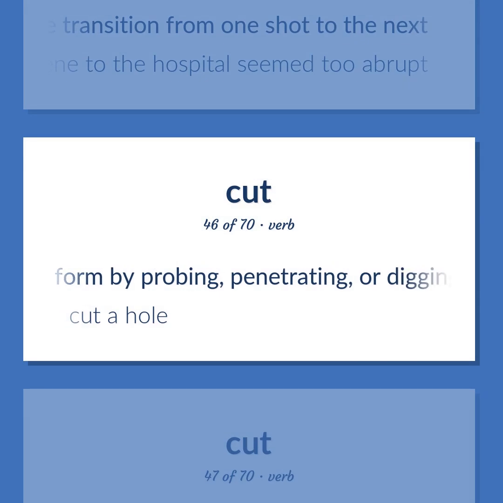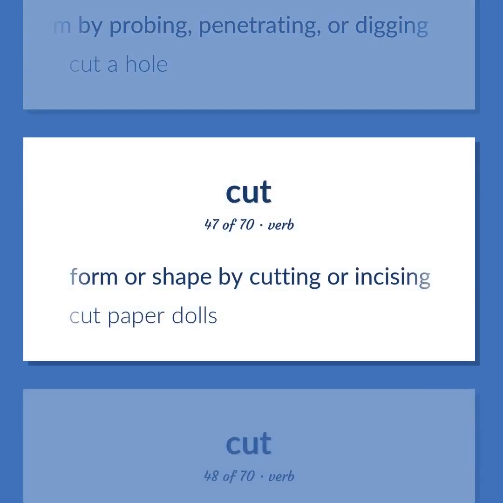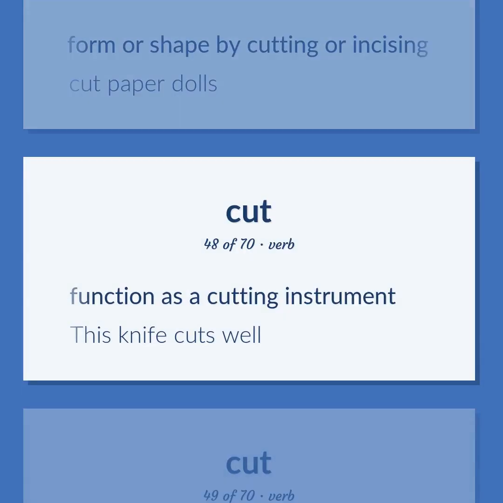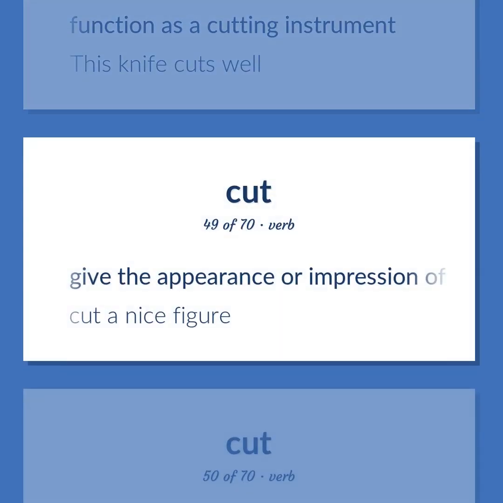Form by probing, penetrating, or digging. Cut a hole. Form or shape by cutting or incising. Cut paper dolls. Function as a cutting instrument. This knife cuts well. Give the appearance or impression of.